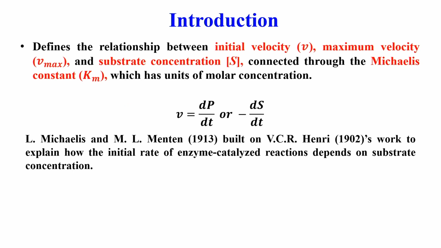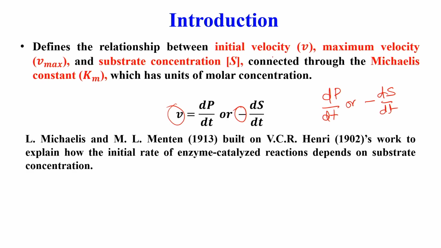So, as we know, the rate of reaction is defined as dP upon dt, the rate of product formation, or minus dS upon dt. The minus is coming because this is a depletion of the substrate, a decrease in the substrate concentration.